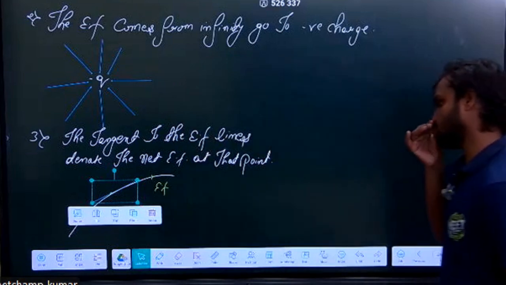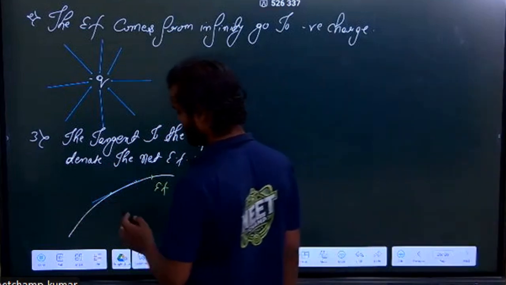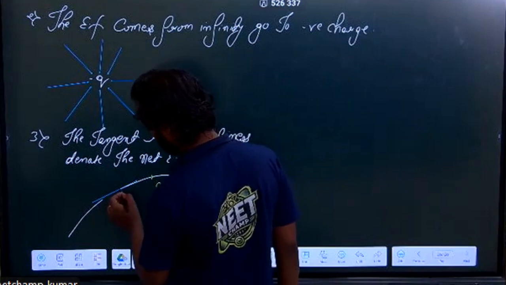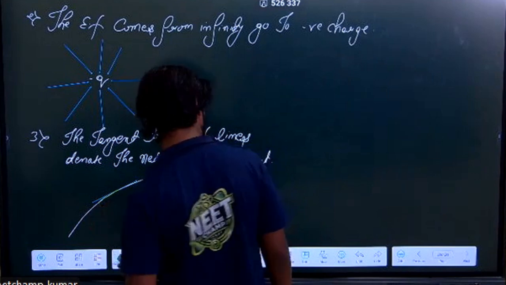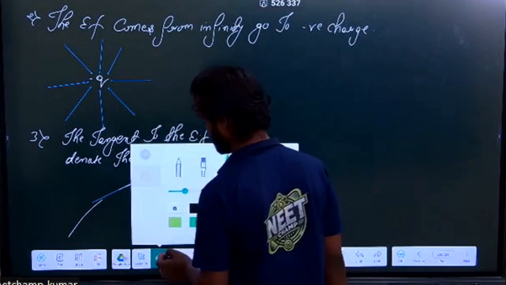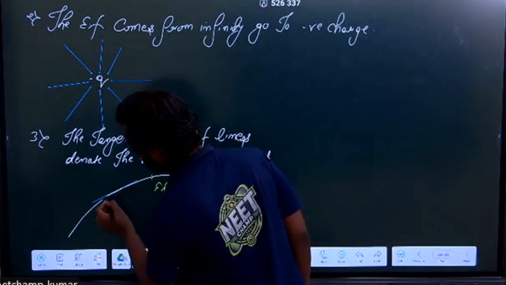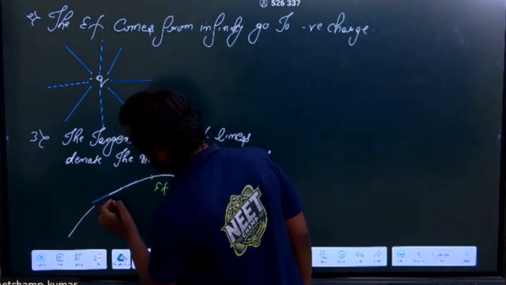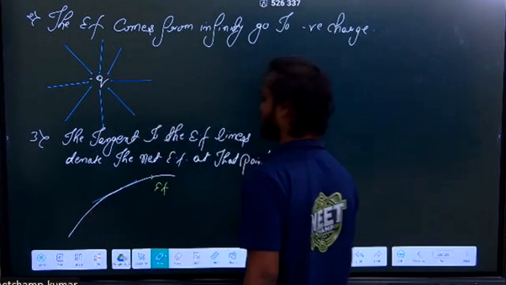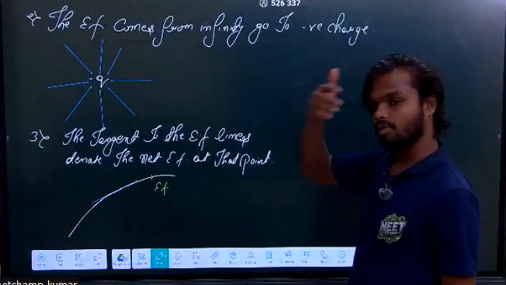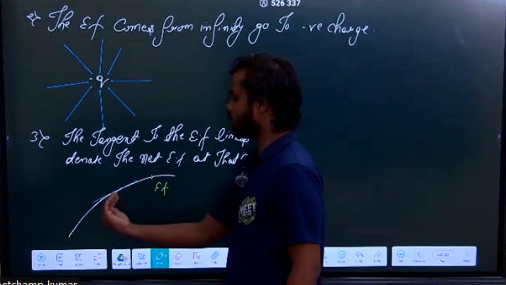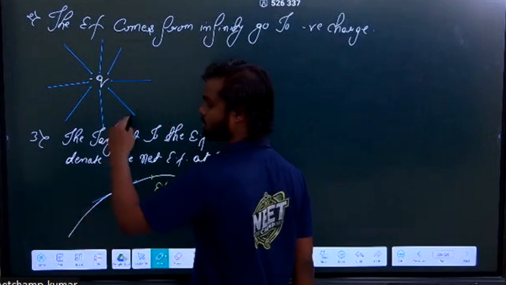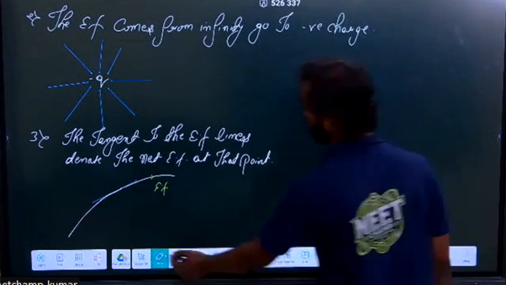This tangent will denote the electric field at this point. So the net electric field at this point will be in this direction. That is the third property of electric field lines.